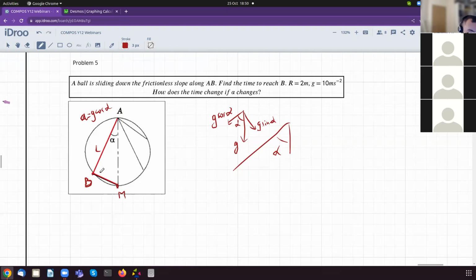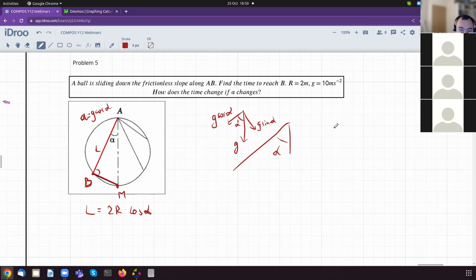And if AM is the diameter, then this angle is 90 degrees. So L has to be double the radius multiplied by cos alpha. Okay, double radius times cos alpha.